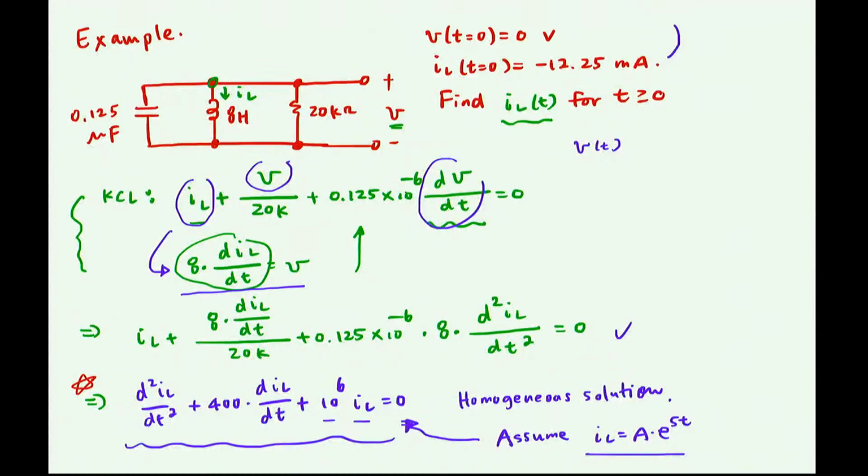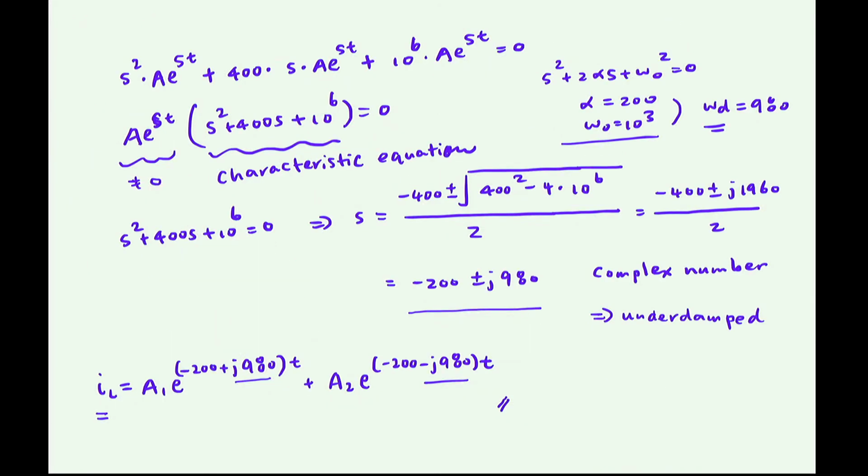In other cases, depending on the format of this constant term or this term related to the independent sources in the circuit, you would need to assume the particular solution in a similar form as this term. Okay, so for that, you will need to calculate particular solution and then homogeneous solution, and then total solution is equal to the sum of these two solutions.